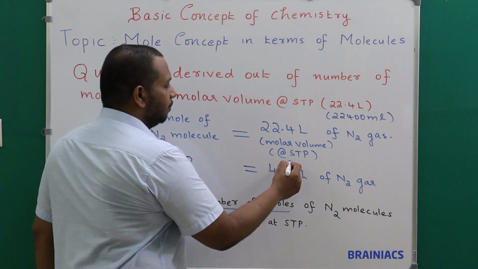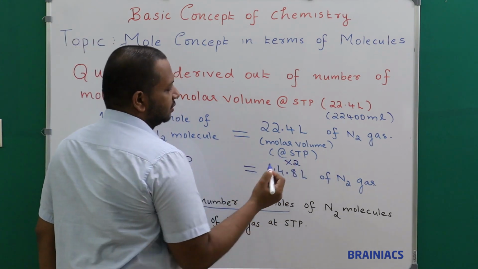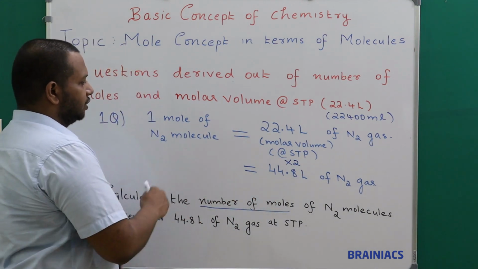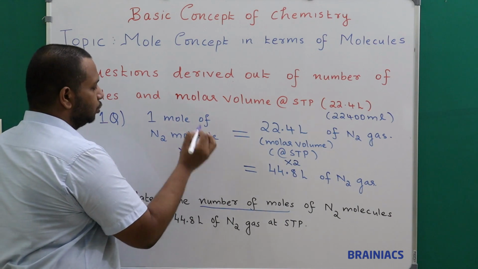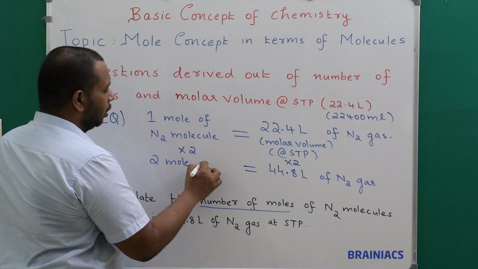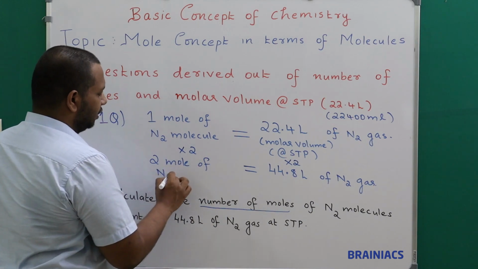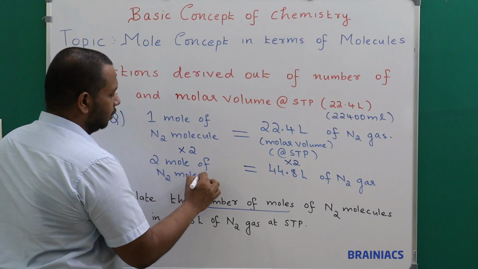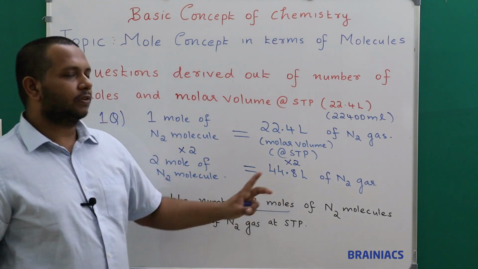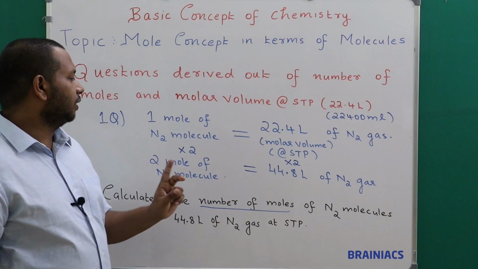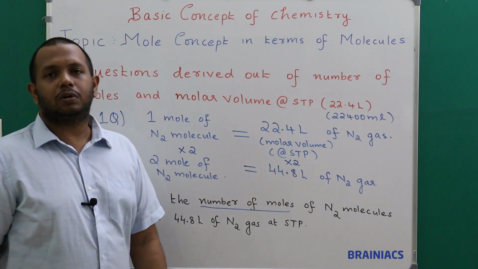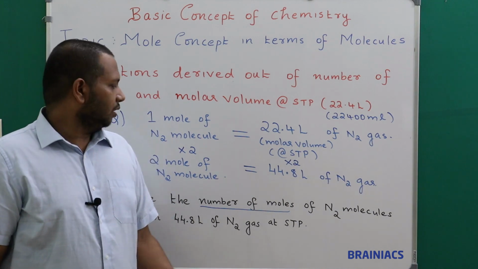So I am multiplying by 2 on the RHS, and the same thing you multiply on the LHS also. So I will get 2 mole of nitrogen molecule. So what is my answer? Calculate the number of moles of nitrogen molecules present in 44.8 liter. 44.8 liter of nitrogen gas has 2 moles of nitrogen molecules.